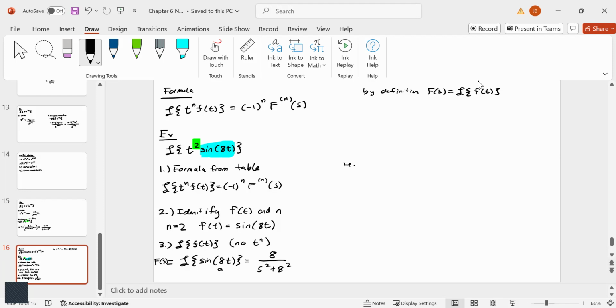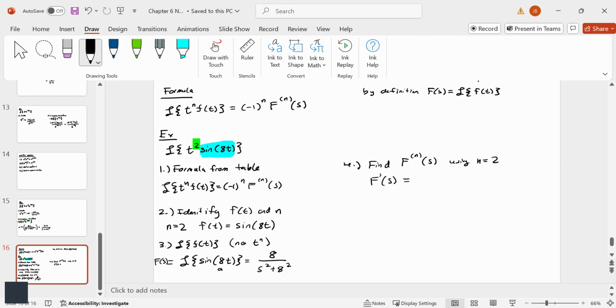Step four, according to my formula, I have to take the derivative of F of s n times. So I'm going to find the nth derivative using n equals 2. That means I've got to take one derivative, and unfortunately, this is not a fun derivative. It is a quotient rule.